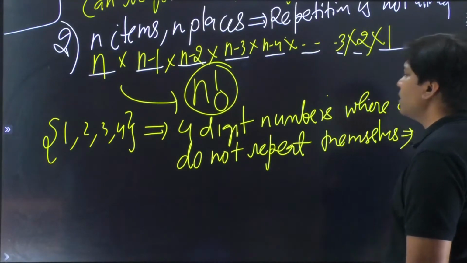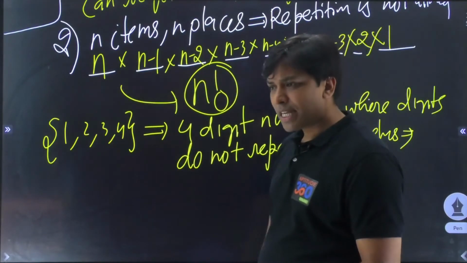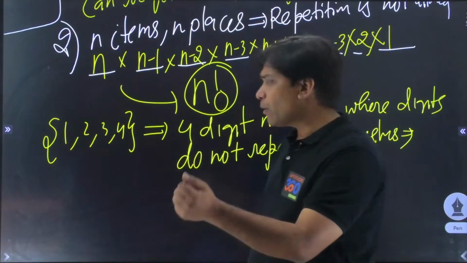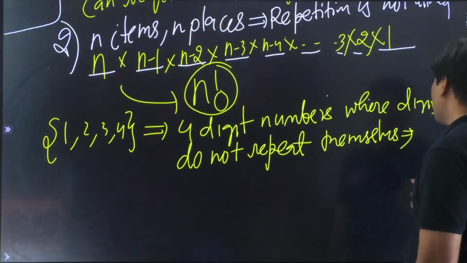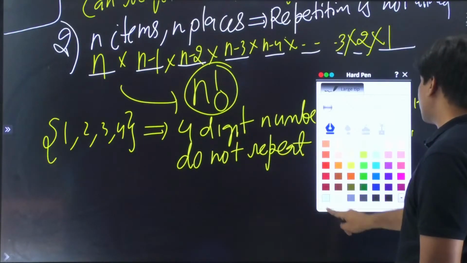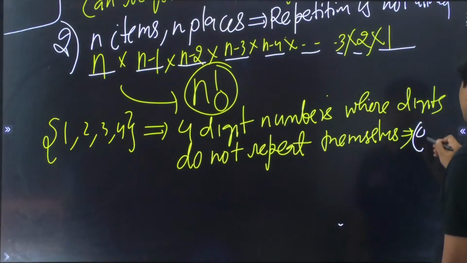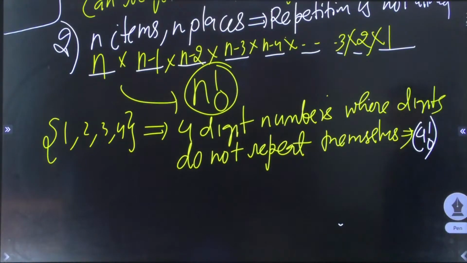What is the answer, people? What is the answer? 4 into 3 into 2 into 1, which is nothing but 4 factorial, isn't it? 4 factorial.